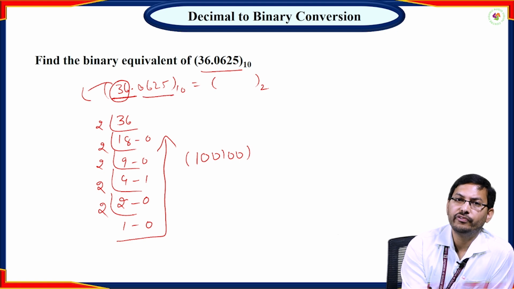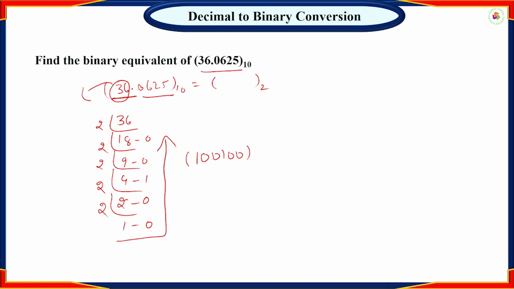So this part is completed. Now we can move to the fractional part, that is 0.0625. Now we need to multiply with 2. So 0.0625 into 2, we get 0.125, and take this 0 as it is here.